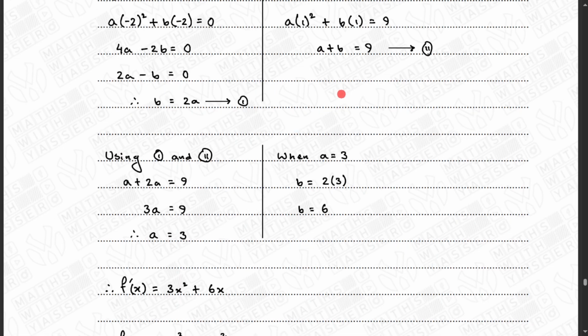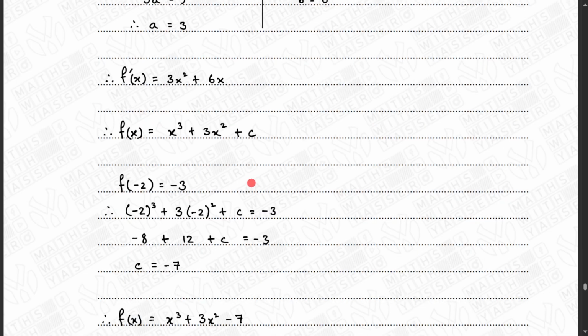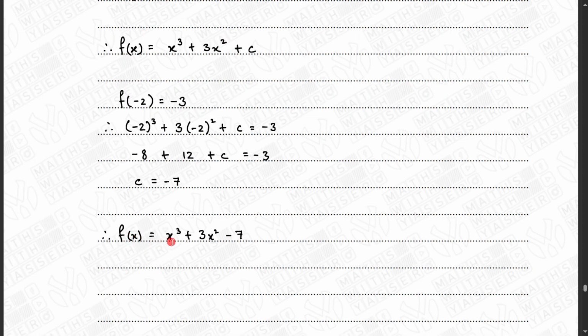The point (-2, -3) satisfies the equation of the curve because it lies on the curve. So we can use that in this equation to find c. So f of -2 equals -3. So (-2) cubed plus 3(-2) squared plus c equals -3. So -8 plus 12 plus c is -3. So c must be -7. So the required equation is f of x equals x cubed plus 3x squared minus 7.